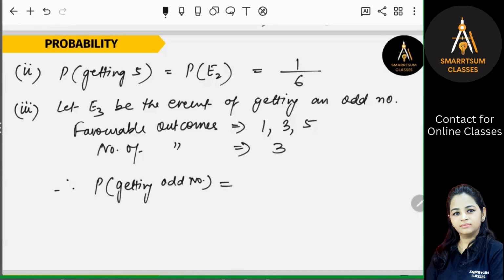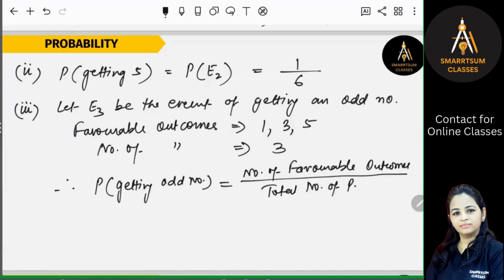This will be equal to, according to the formula, number of favorable outcomes of the event divided by total number of possible outcomes. Number of favorable outcomes for the event is 3 and total number of outcomes are 6. So this is 3 by 6. You can write this in the simplified form. So this is 1 by 2, right?